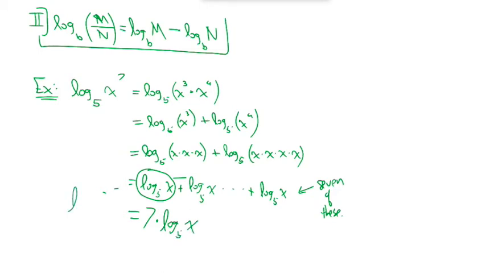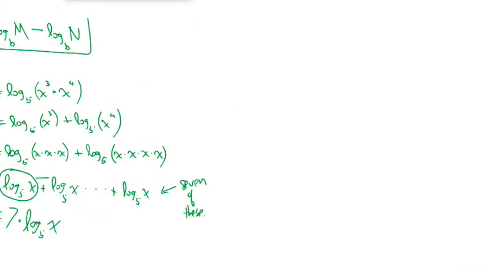What's cool here is we started off with log base 5 of x to the 7th. Where did the 7 go? It dropped down into the front. Out of all the laws, this one's the best. So law number 3: log base b of m raised to a power is the same thing as the power times log base b of m.